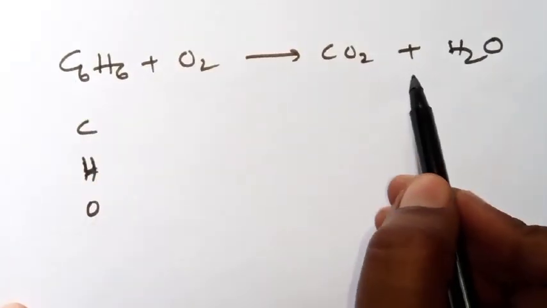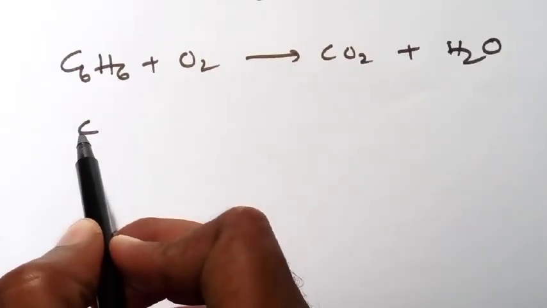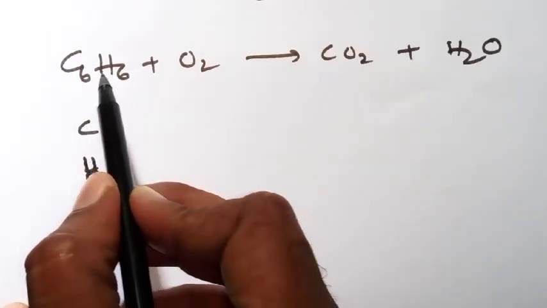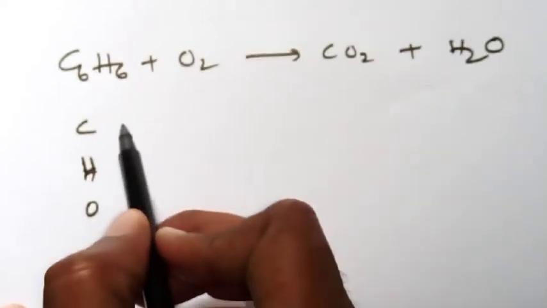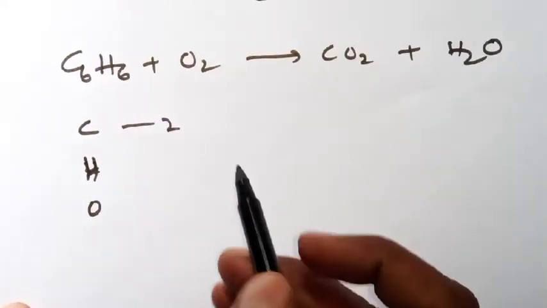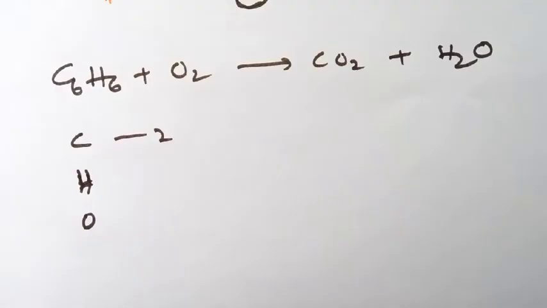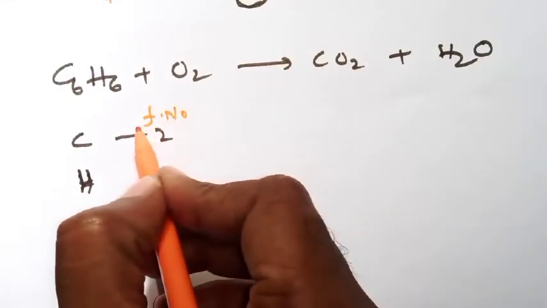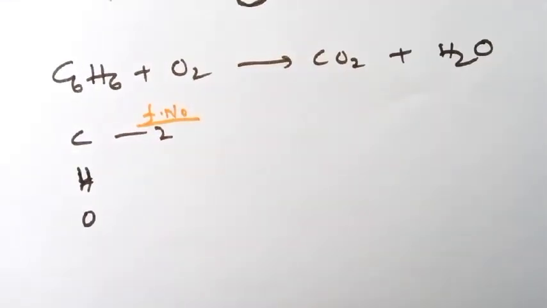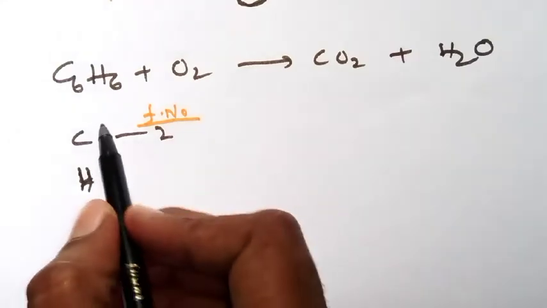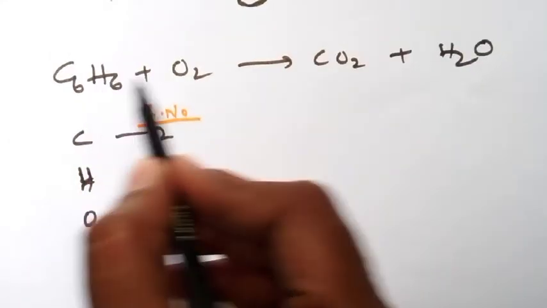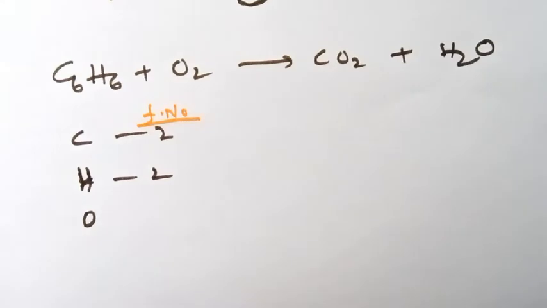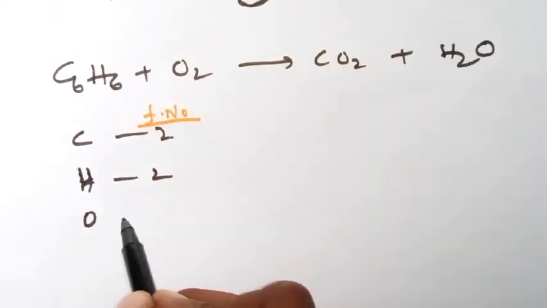Now what is the frequency number of carbon? That means how many places is carbon present? 1, 2. So the frequency number is 2. Don't confuse: frequency number is nothing but how many places it is present in the chemical equation. Now hydrogen, 1, 2, so 2 places. Oxygen, 1, 2, 3, so 3 places.